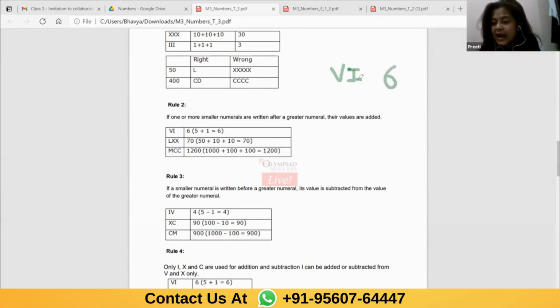Because we are writing I on the right hand side of V, which is allowed. Whenever a symbol of smaller value is written on the right hand side of a symbol of bigger value, that means addition. But wait, Alarika. What if I write I on the left hand side of V?